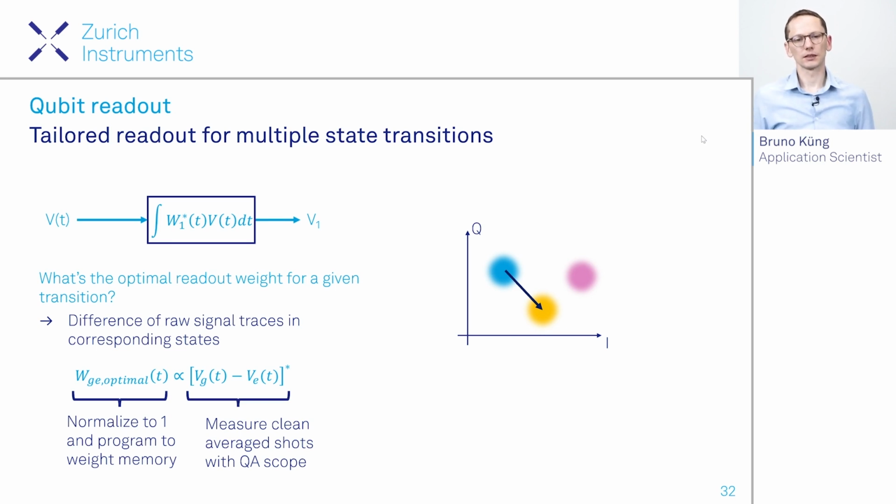And these raw traces we can obtain by a scope-like measurement using the built-in scope of the QA, and obtain a clean such trace with well suppressed noise by averaging. We can program then this experimental trace to the integration weight memory of the different units.